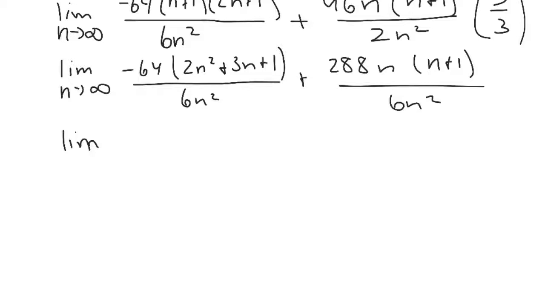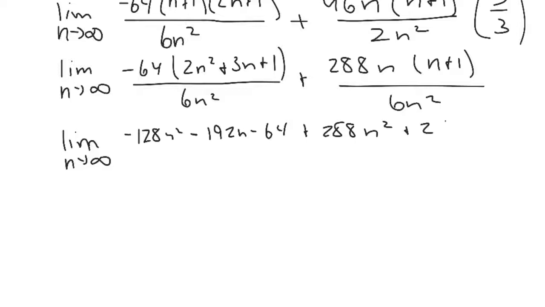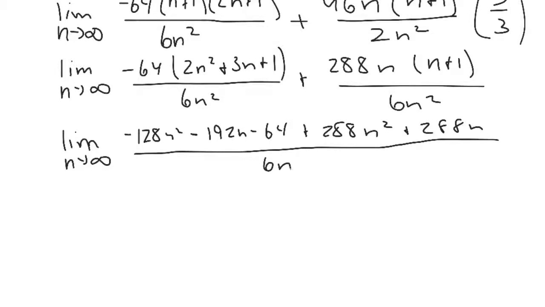So the limit as n approaches infinity of negative 64 times 2 is negative 128n squared, minus, distributing the negative, 192n minus 64, plus 288n squared plus 288n all over 6n squared.